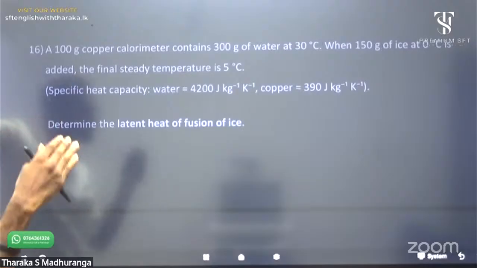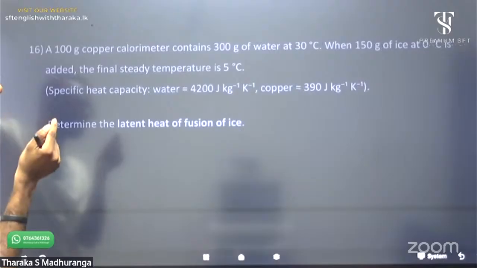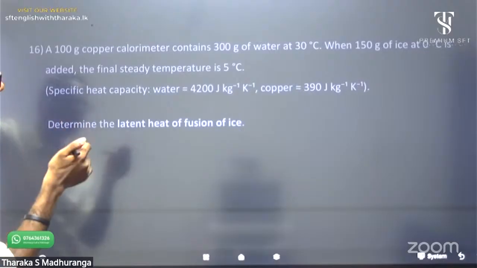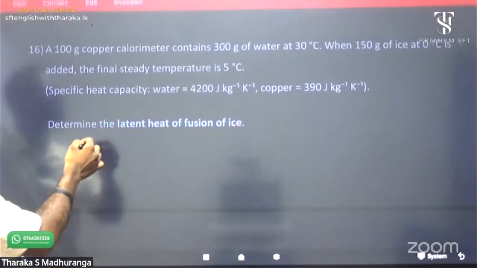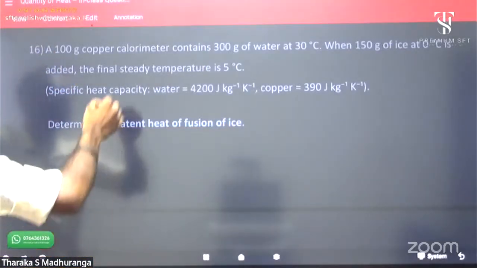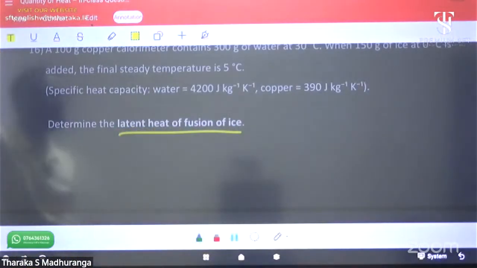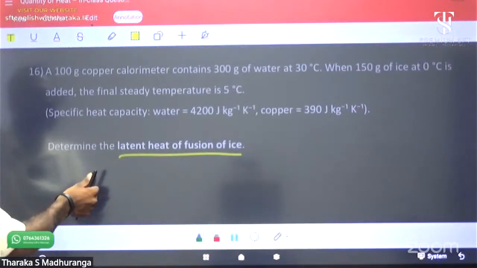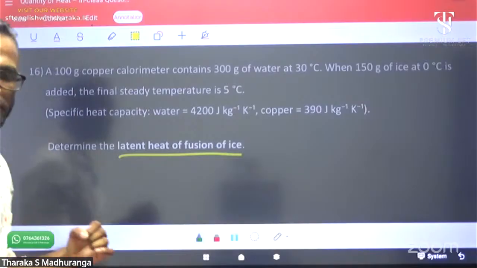Steady temperature means equilibrium temperature, right? The specific heat capacity of water and copper are given. The question asks to determine the latent heat of fusion of ice. Fusion means melting. Determine the specific latent heat of ice.